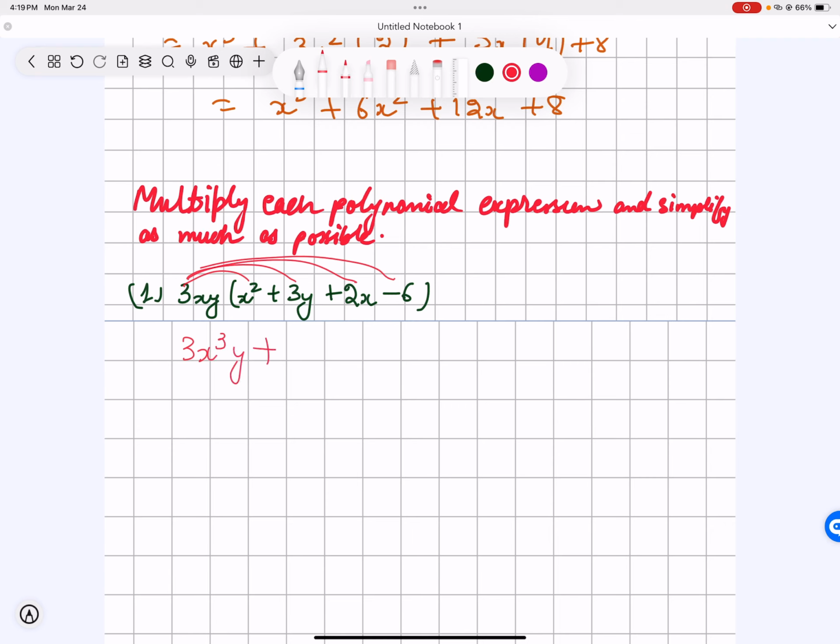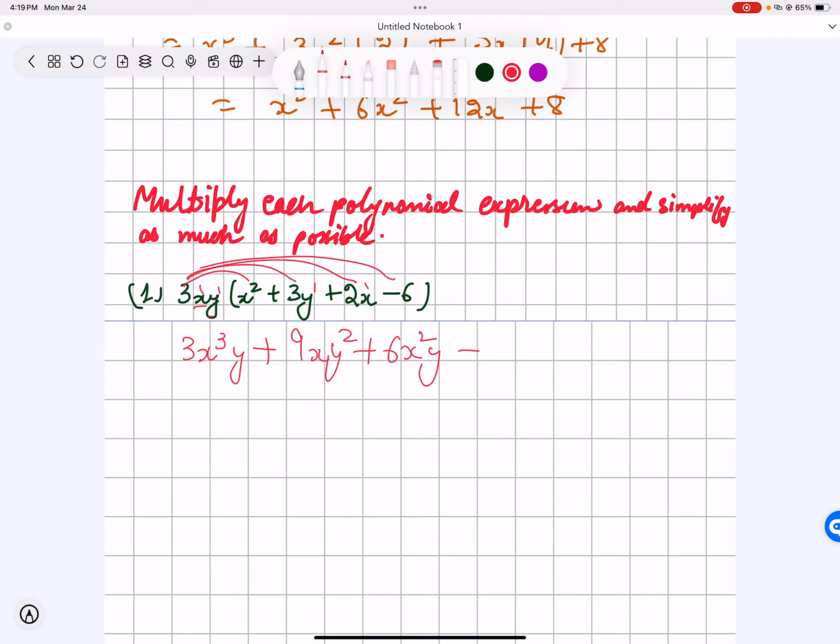And then plus 3 times 3y: 3 times 3 is 9, I have no x here to multiply, so I keep the x as it is, and y times y, I keep the y and add the exponents, which gives y squared. For the next one, 3 times 2 is 6, and I keep the x and add their exponents, 1 and 1, which gives 2, and I have y from here.